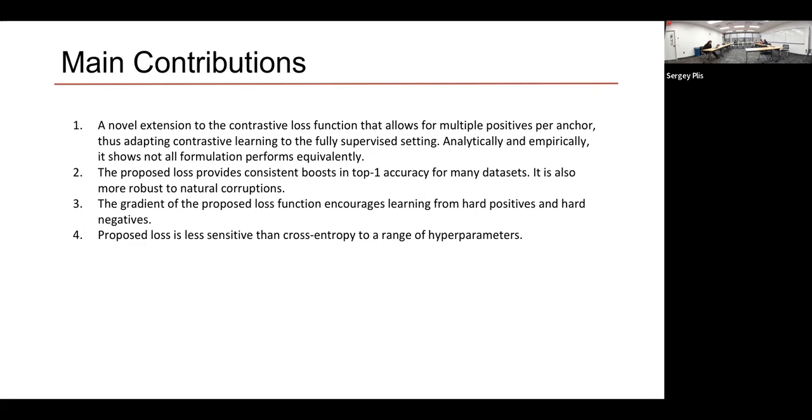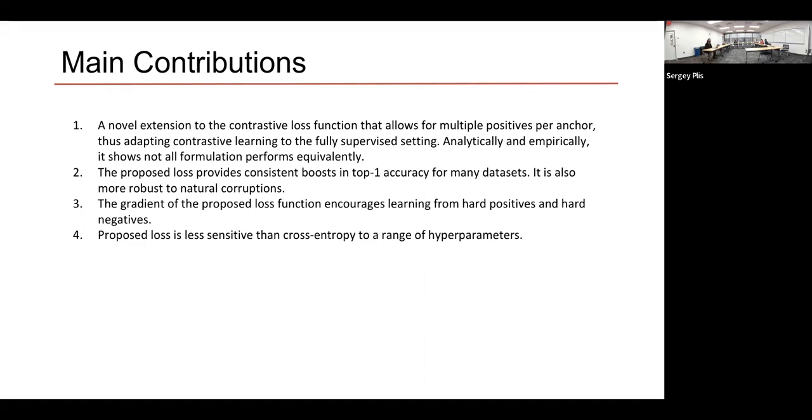So they have repeatedly shown that supervised contrastive loss can outperform cross-entropy loss. That is their main goal, actually. And it is not only in terms of top-one accuracy, but also it is robust to natural corruptions.